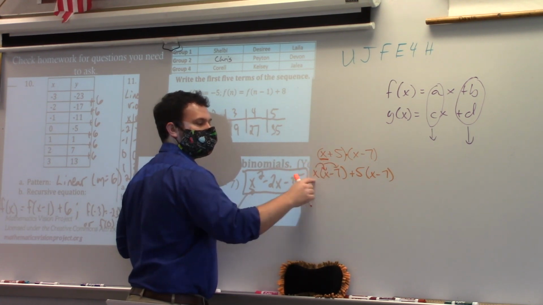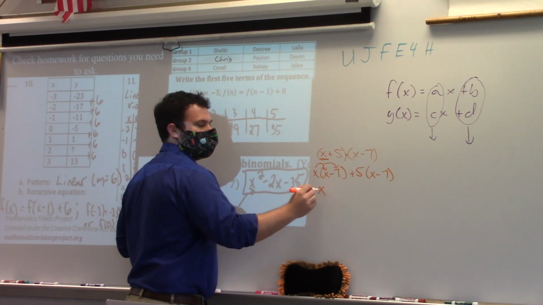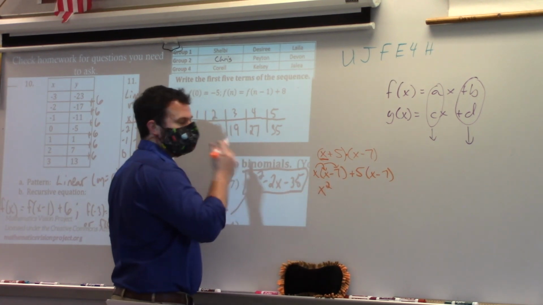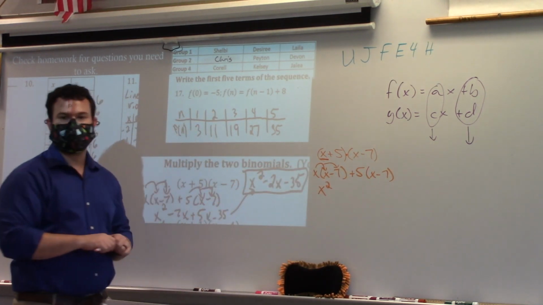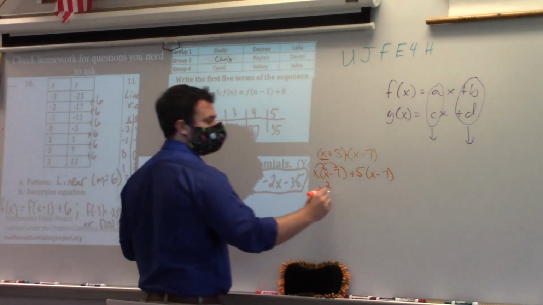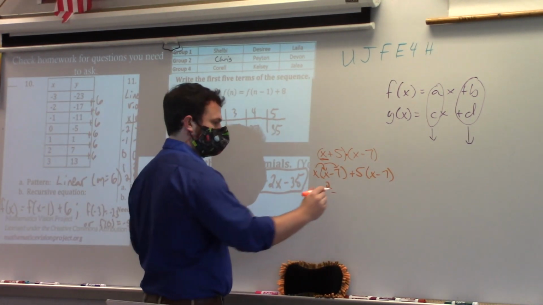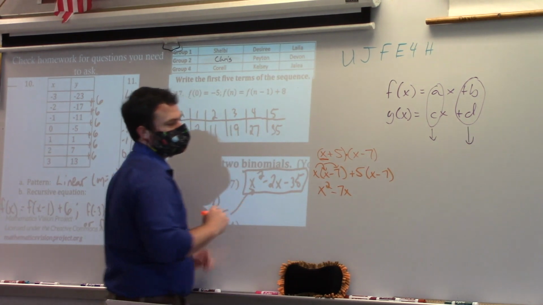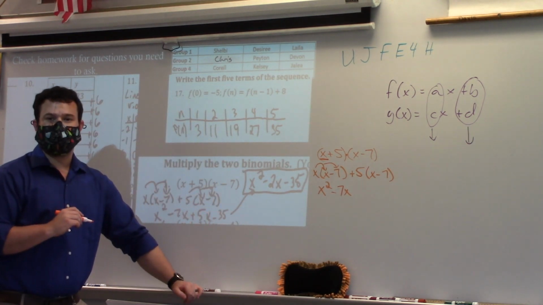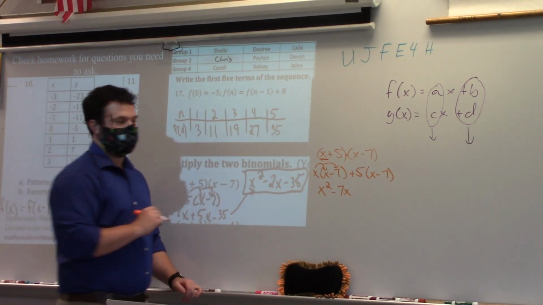Okay, what is x times x? X squared. X times negative 7? Negative 7x. So minus 7x. And then 5x minus 35.